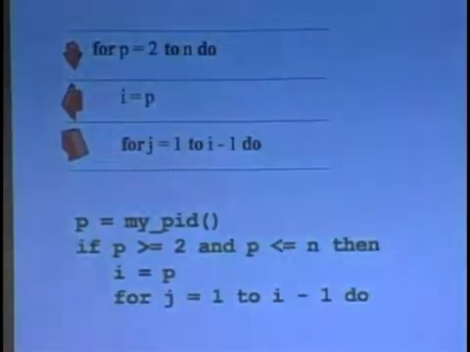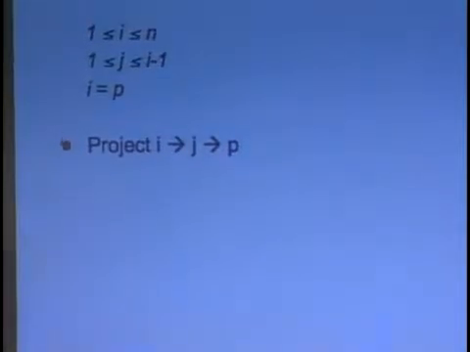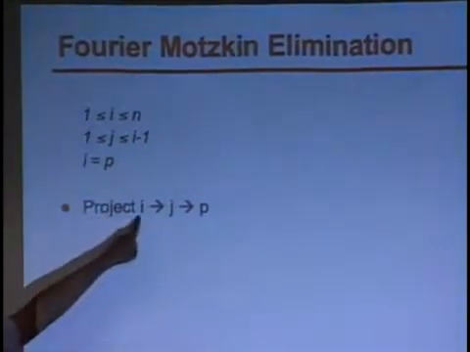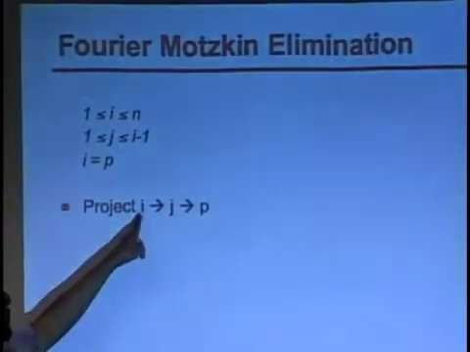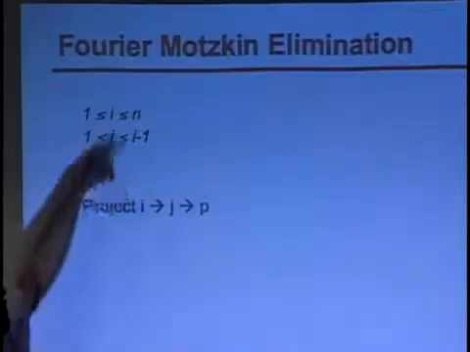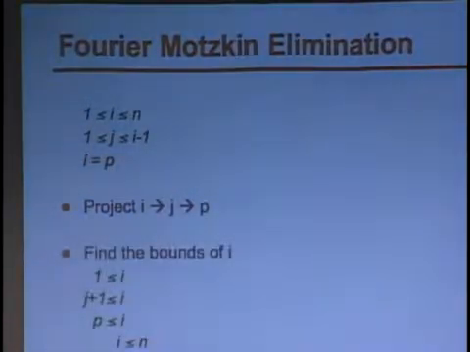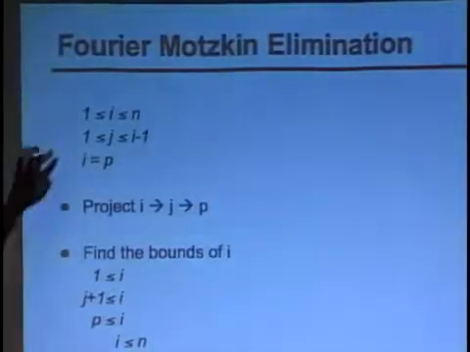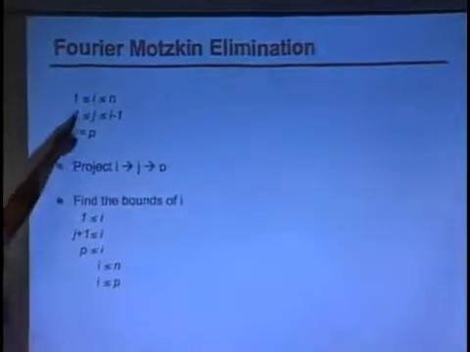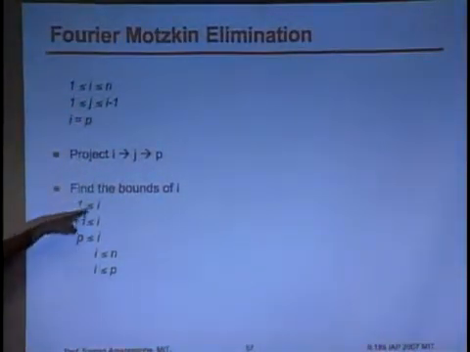Okay, so I will go into a little more detail and show you how Fourier-Motzkin elimination happens. I have a slightly different space. I'm doing a different projection, in the order I, J, P: I want to project I away first, then J away, and P away, instead of J, I, P as before. Here's my iteration space. The first thing I do is find the bounds of I. I just expanded this and eliminated the J less than constraint, since it doesn't contribute to the bounds of I, but everything else does.